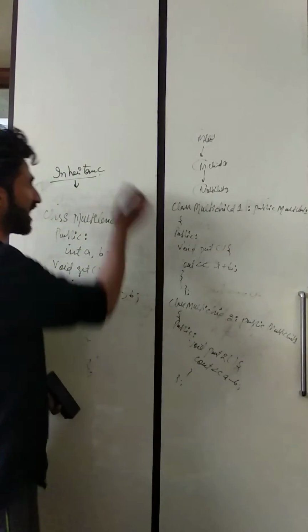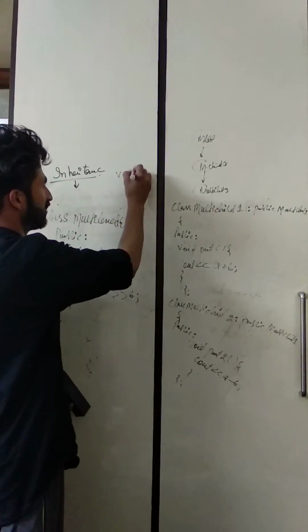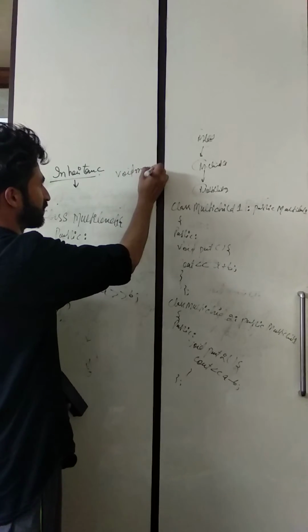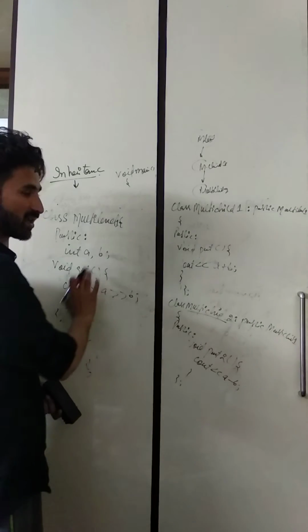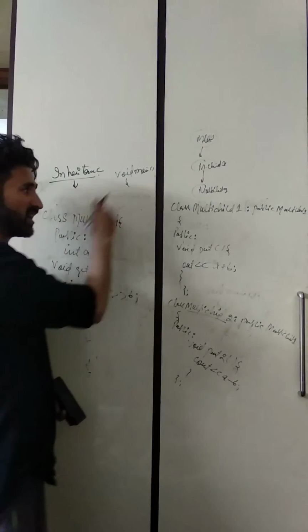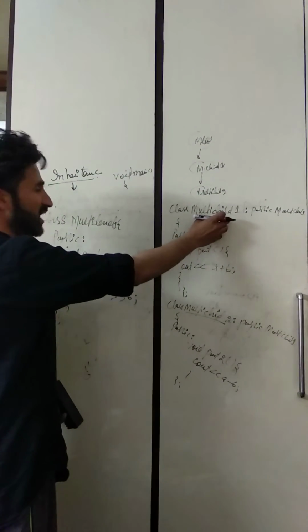When I am creating the main of this class here, void main, I am creating the object of this last child because it has all the properties of multi-level 1 and all the properties of multi-child 1.